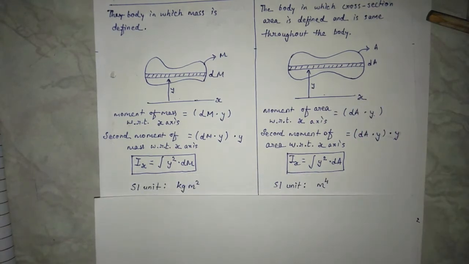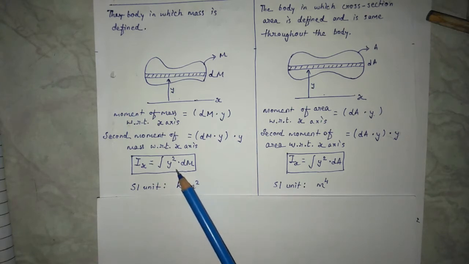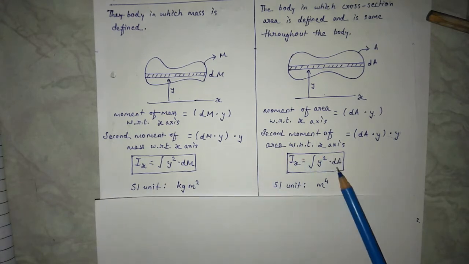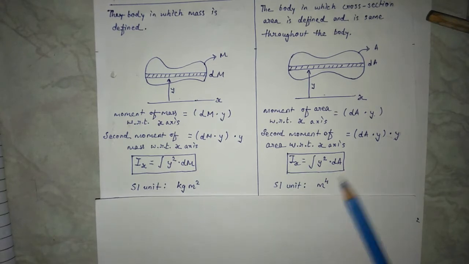Okay, then what are the SI units of them? Here you can see there is a mass and there are two y's, that is y square, which means meter square. Then we get kg meter square. Over here area is also meter square and y square is again meter square, so we get meter raised to 4.